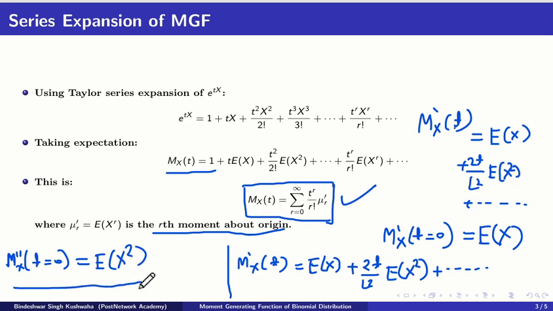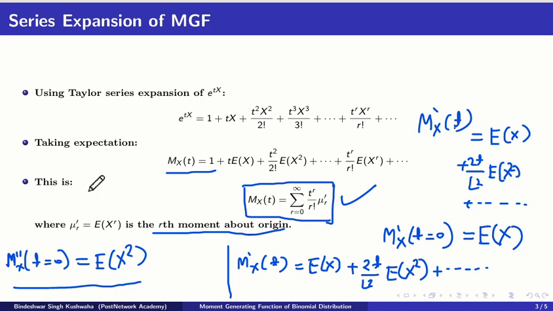This way you can get moments about the origin. If you want the third moment about origin, differentiate 3 times and thereafter put t equal to 0. You will get the first moment, second moment, third, fourth, whatever you want.